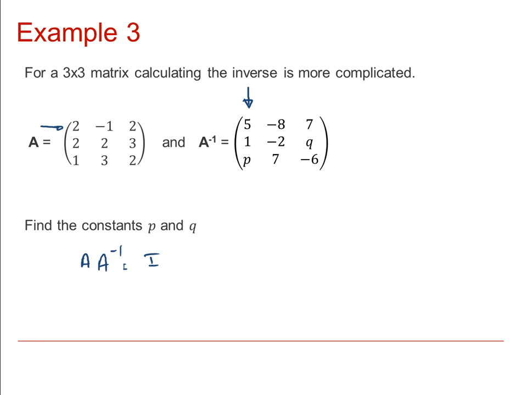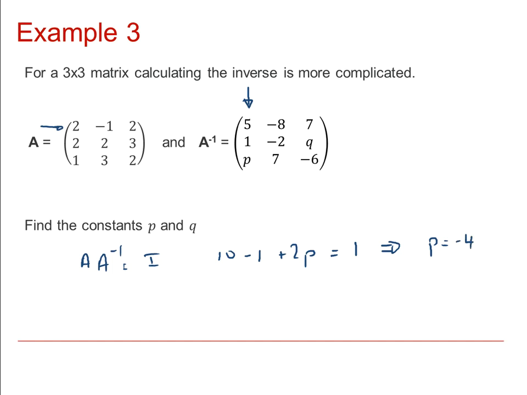If you multiply those out you get 10 minus 1 plus 2p, and of course the answer to that, being first row first column of the identity, must be equal to 1, and that gives a value of p equal to -4.